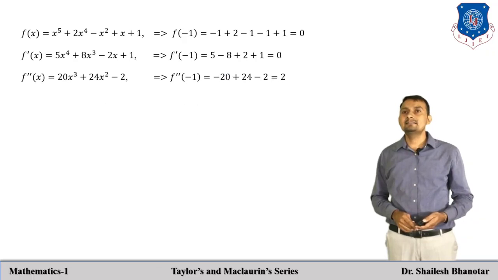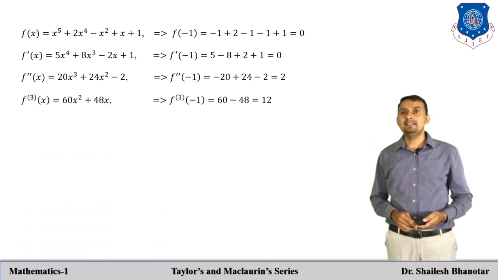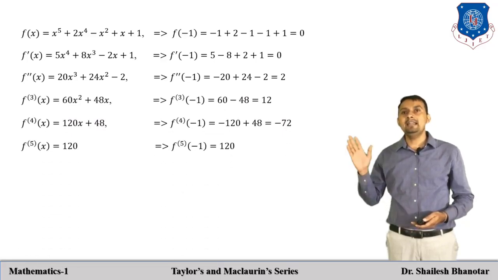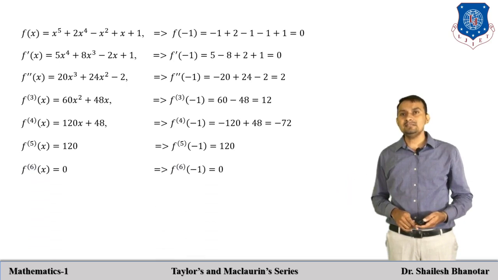For the second derivative we consider the particular point x is equal to minus 1. The third derivative at minus 1 is 12. The fourth derivative is 120x plus 40, but at the particular point minus 1 we get minus 72. The fifth derivative is a constant, and the sixth derivative is 0.